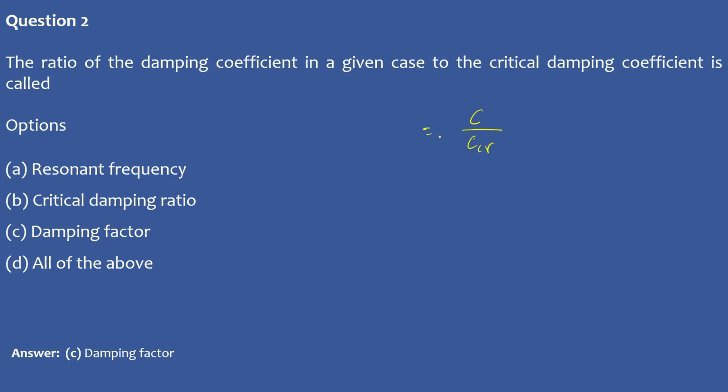The ratio of these is known as the damping factor. So this is the correct answer, option C. So Xi is equal to C by CCR.